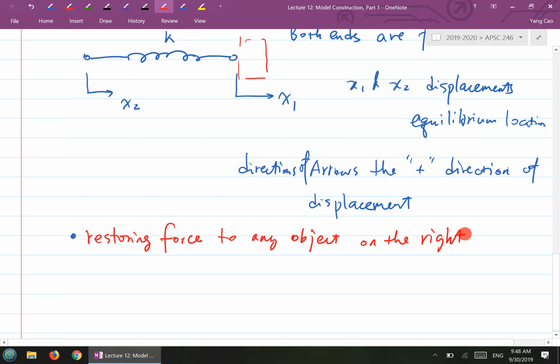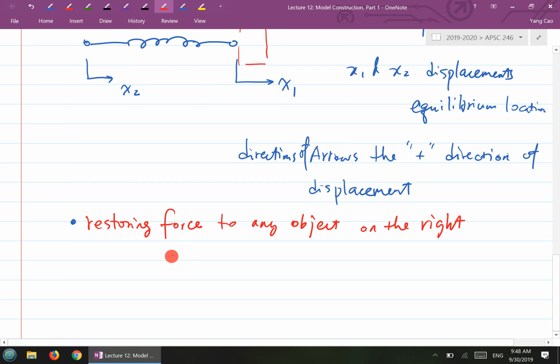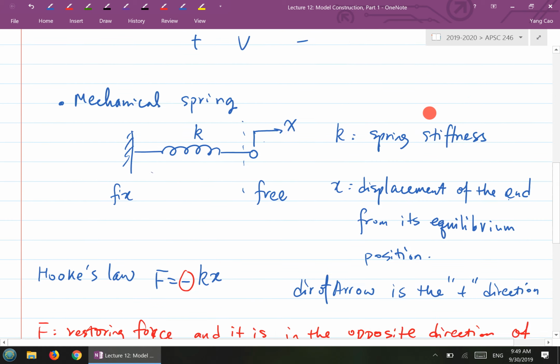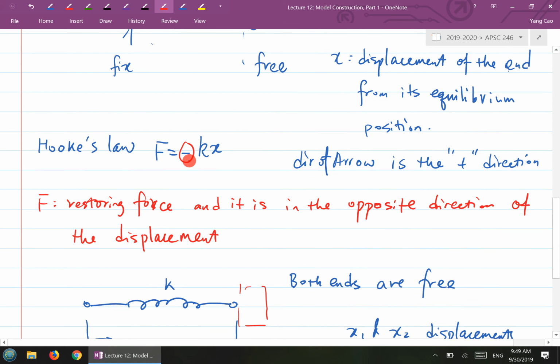Hooke's law says the restoring force equals the spring stiffness times the net change of the spring length. And you also have to maintain that this restoring force is in the opposite direction of x2, the free end.